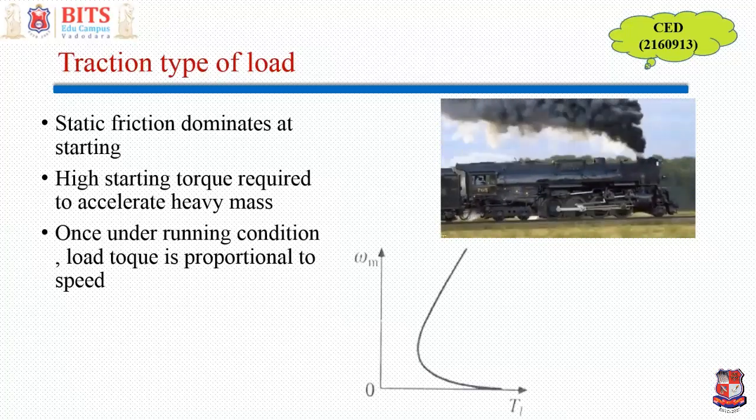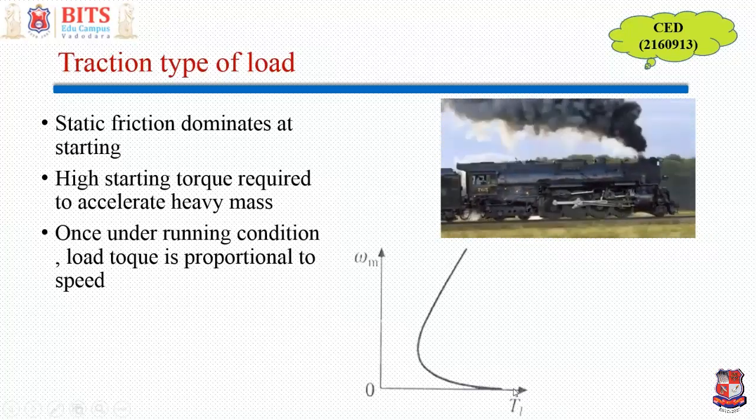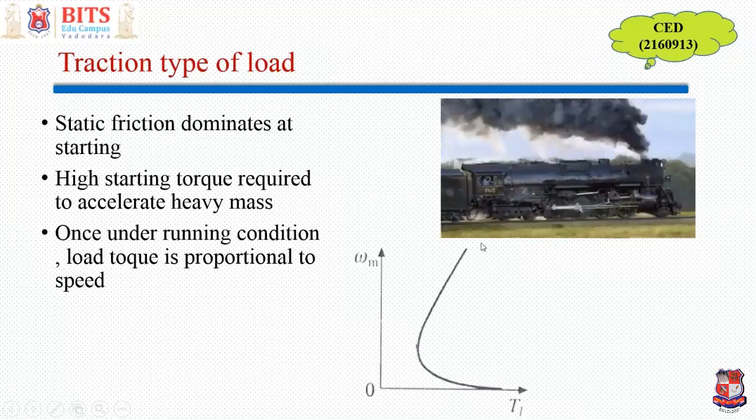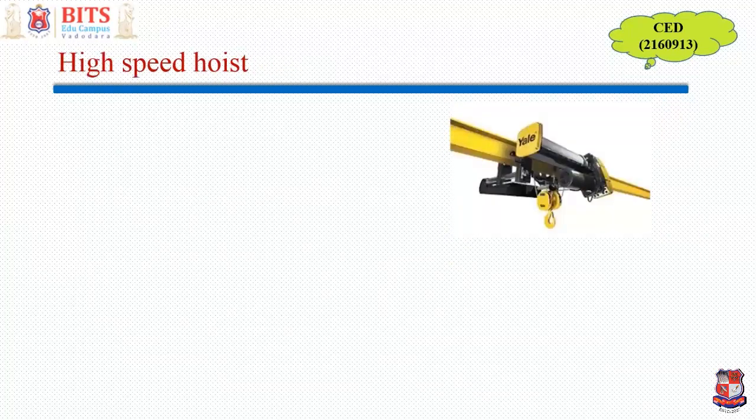So traction is a kind of application which is having the speed versus torque characteristics as shown in the figure. So high starting torque is required like this. And once the motor starts, the torque requirement reduces. And further, when you increase the speed, to have a higher speed, you require a higher amount of torque, or the opposition increases with the increase in speed, right?